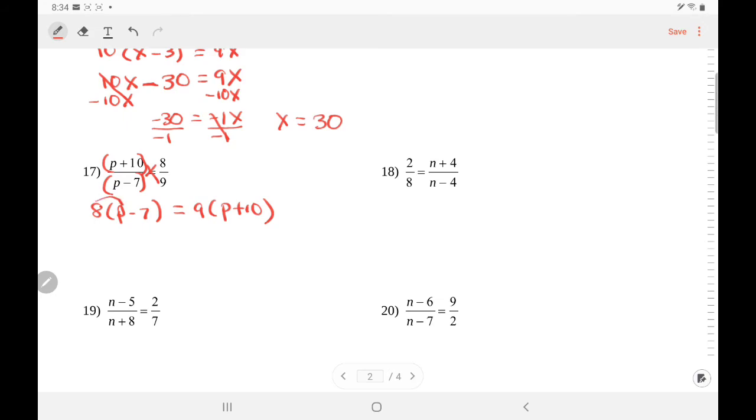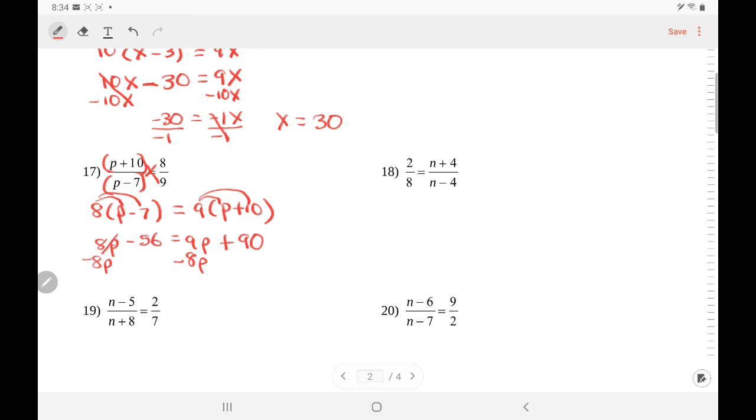So 8p minus 56 equals 9p plus 90. So you'd want to gather up your p's on one side and your constants on the other. I'm going to choose to subtract 8p, and you could have chosen to subtract 9p. It doesn't matter.